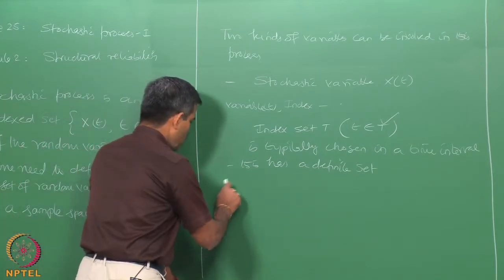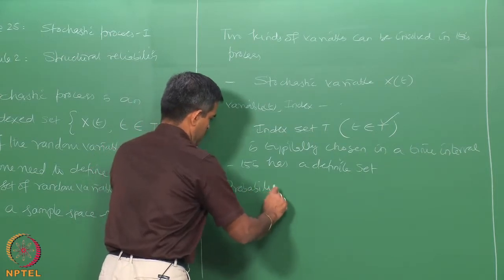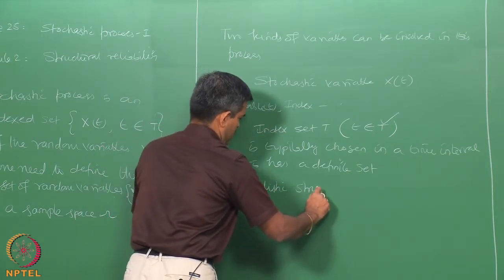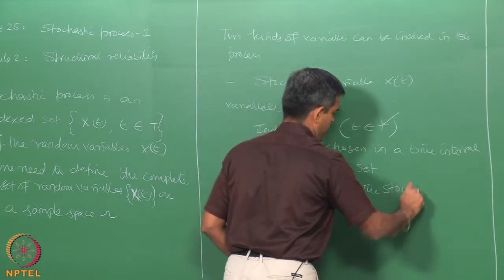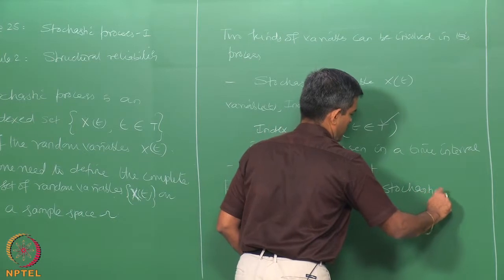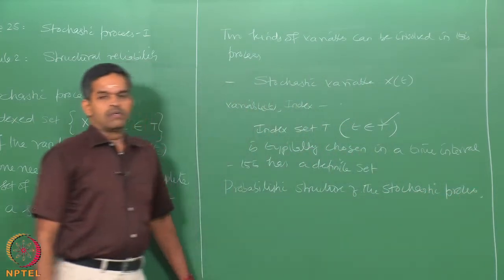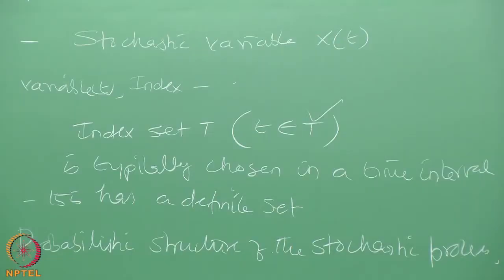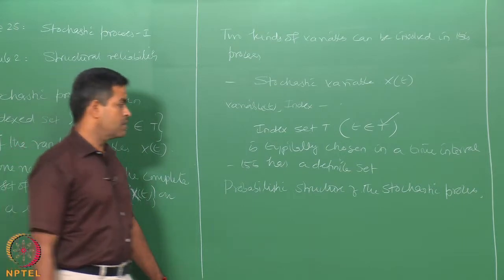Therefore, if you look at the probabilistic structure of the stochastic process, the probabilistic structure of a stochastic process is described in a similar way as that of random vectors.